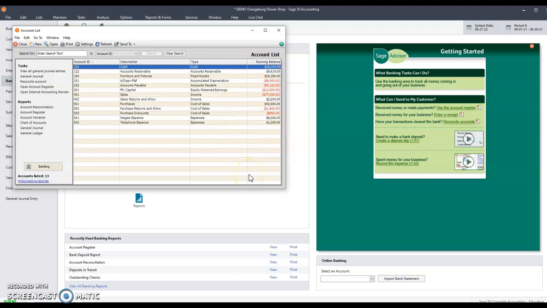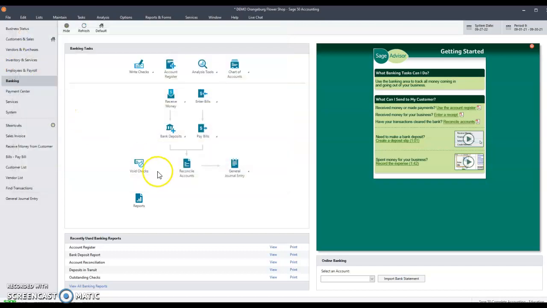So you can check that out, or of course you can pull up a trial balance that would show the same accounts and what their balances are. So either way, you would be able to double check those before you go on. Okay, so I'm going to close that out.